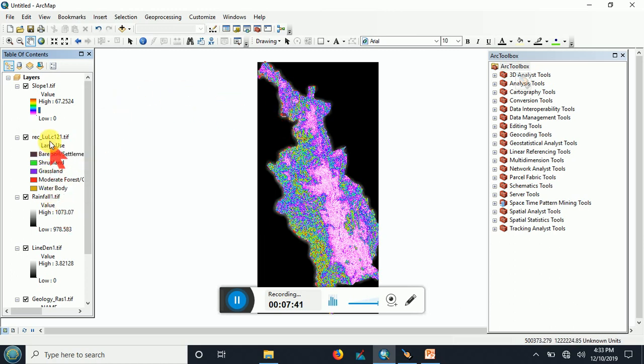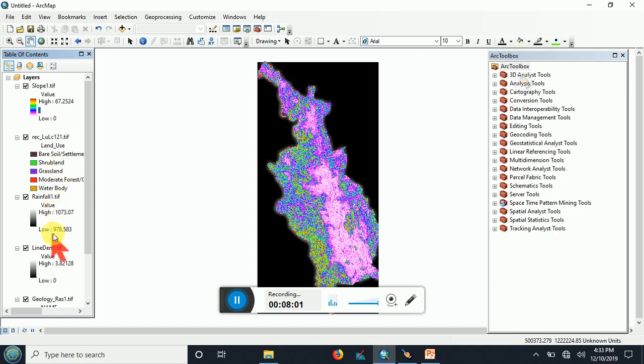When you come to, for instance, land cover change, you can have bare soil, shrubland, grassland, moderate forest, and water body. So maybe you can assume that water body has a high groundwater potential rate in comparison to the other land covers.